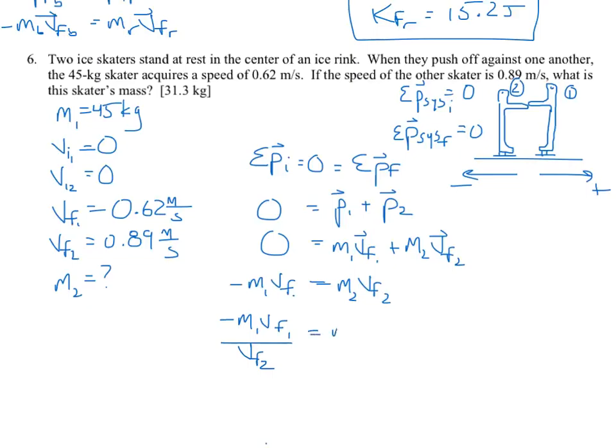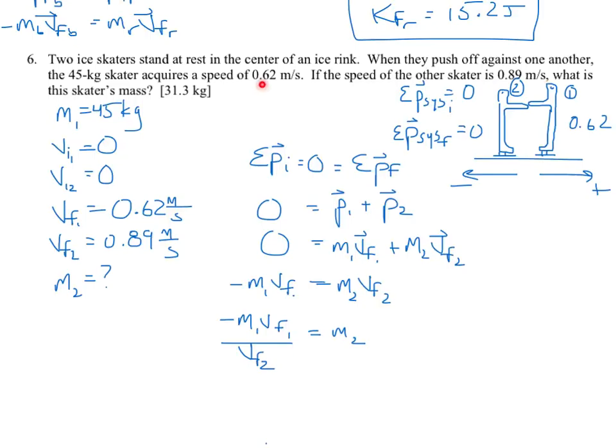This equals mass 2. Now look at this for a second. No matter what these values are, mass 2 is going to be negative. What? Can we have a negative mass? No, we can't. So what's the deal here? What did we miss? Well, we said that the speed of one person, shooting this way, is 0.62 meters per second.